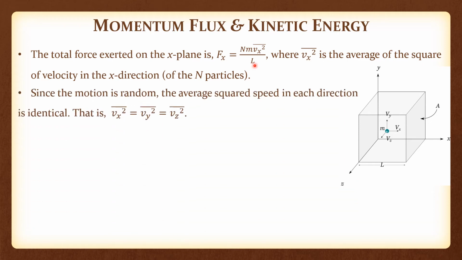Since this motion is completely random, there is no bias in any direction. Of course, so far we have considered only one direction, which is the x direction. Similarly, there could be collisions along the y direction, collisions along the z direction, and you can have collisions that can be resolved into components where there is Vx, Vy, and Vz and whatnot. But the random motion implies at least that the mean square velocity in each of the directions should be the same.